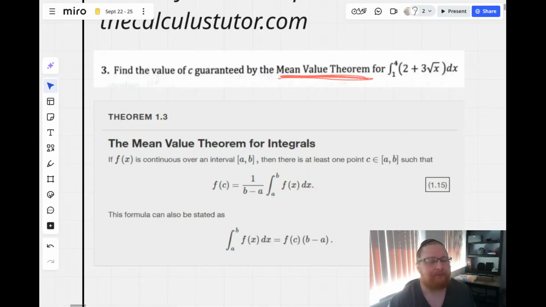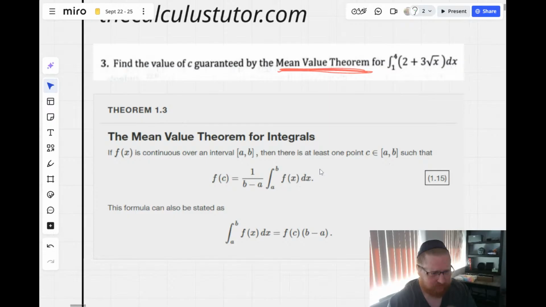All right, so here it is precisely stated according to the OpenStax open source calculus textbook. This is the mean value theorem for integrals, but that's what we're talking about here.